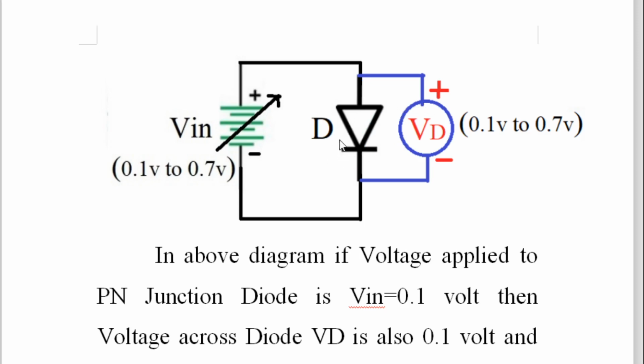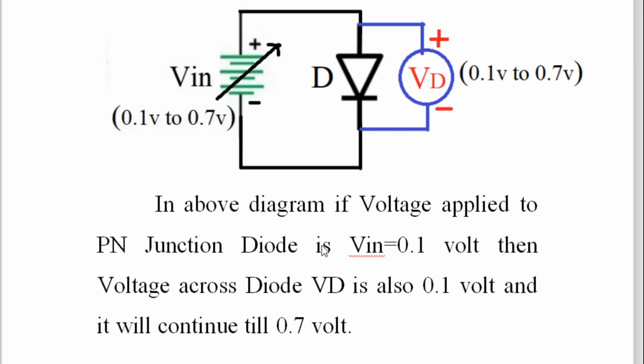We have already studied that the voltage measured across a PN junction diode behaving as an open switch equals the applied voltage. If it is 0.1, it is 0.1. If it is 0.2, it is 0.2. So we give 0.1 volt to 0.7 volt, and the measured voltage will also be 0.1 volt to 0.7 volt.